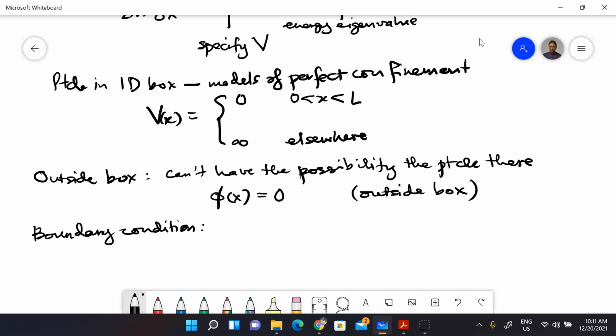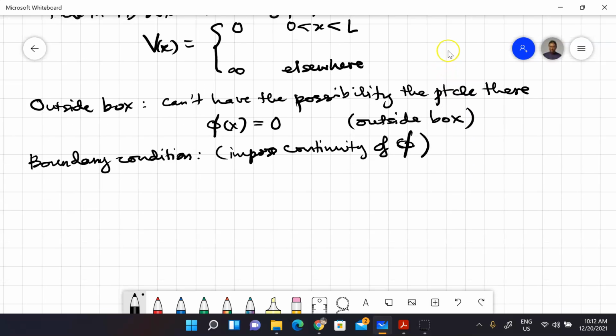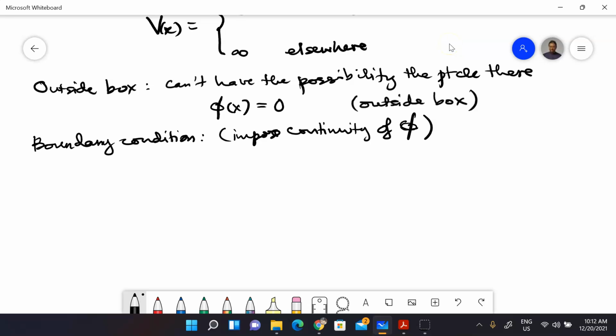The boundary condition just imposes continuity of phi, and that gives you this condition that phi of x equals L has to be equal to 0, which is the wave function outside the box, and similarly phi at x equals 0.